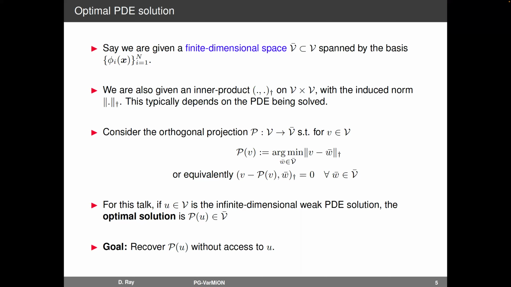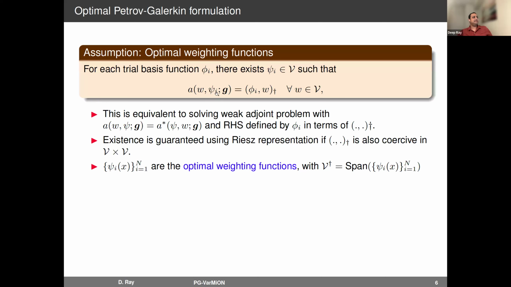So the trial basis is related to the weighting function you're saying? The phi i's and the psi i's are related through this. I'm saying that the optimal weighting functions, psi i's, are solving an associated variational formulation where the phi i's are appearing as a source term on the right hand side.